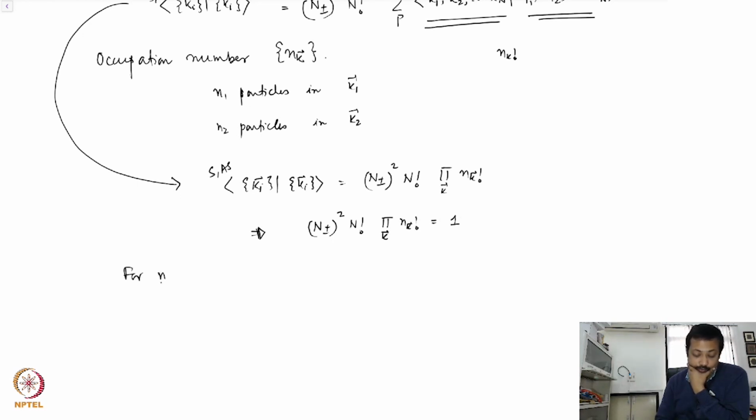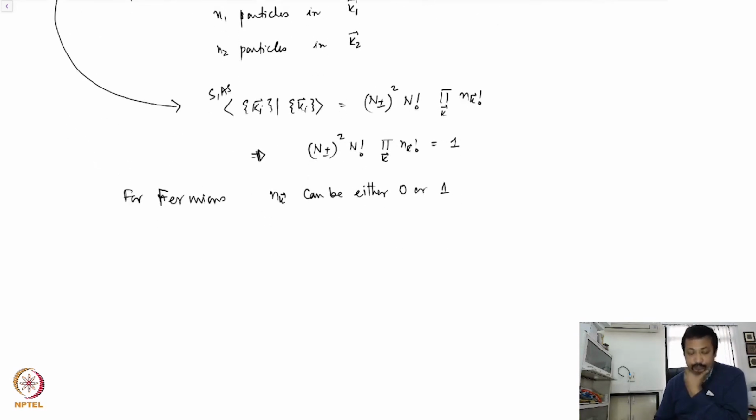For fermions, nk can be either 0 or 1, because of the antisymmetry of the wave function. So this implies that N minus square is 1 over n factorial, which implies N minus is 1 over square root n factorial.